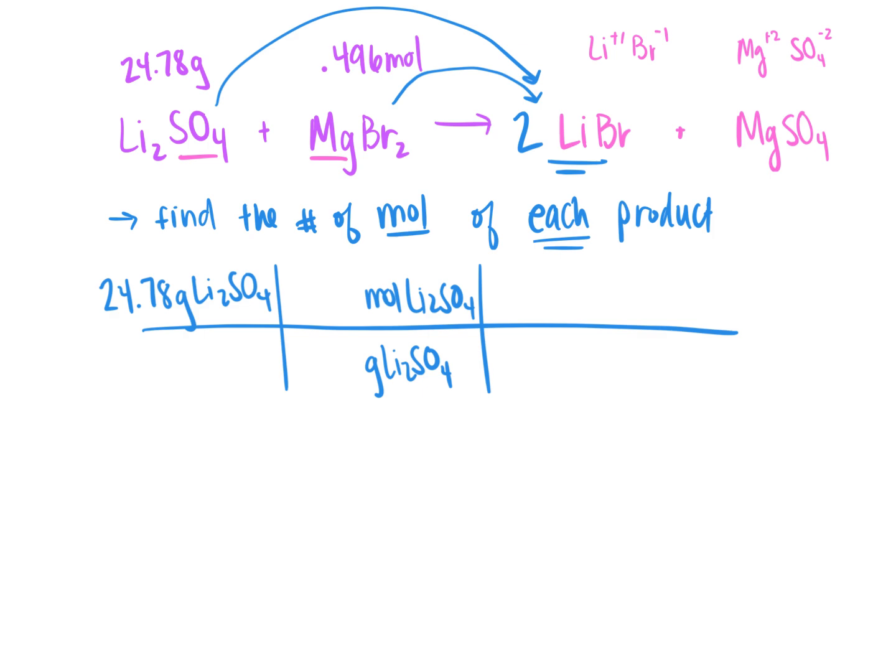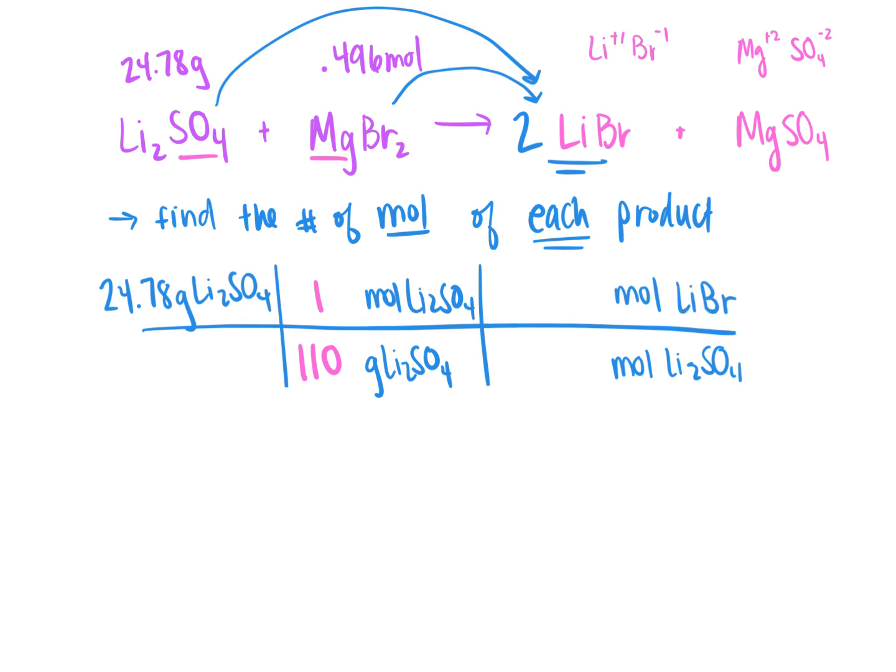We need the molar mass of lithium sulfate. I had about 110. Tell me if we have something different than that. 110. All right, we're going to keep working to get rid of moles of lithium sulfate and go to moles of lithium bromide.